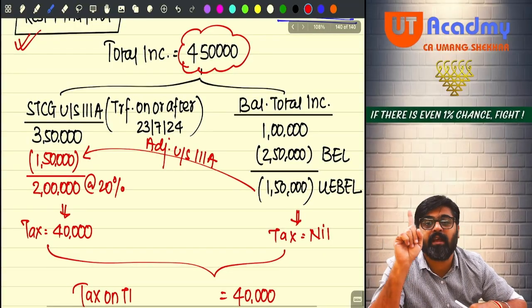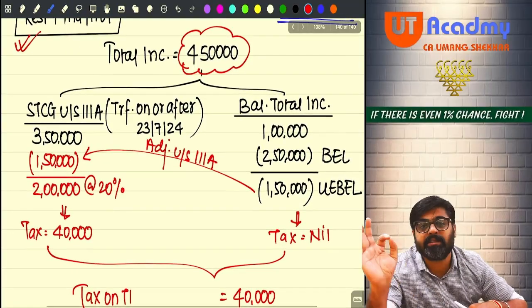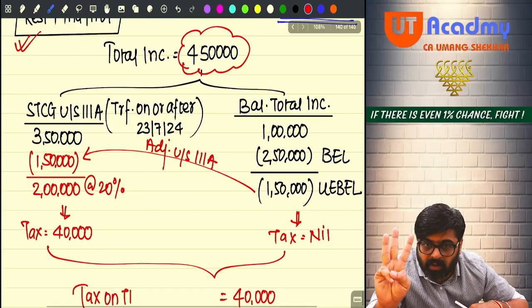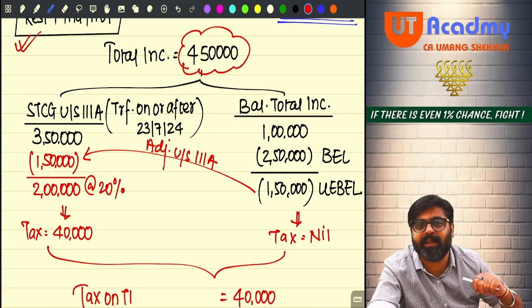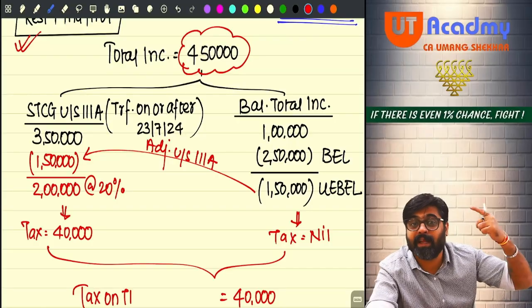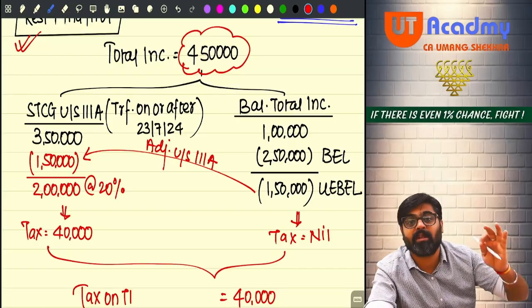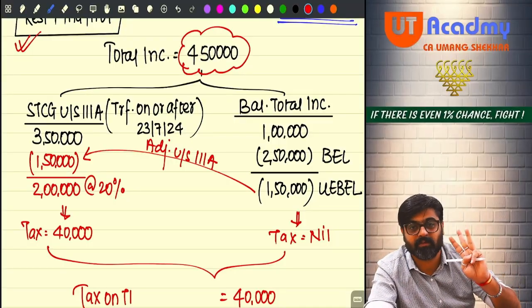Unexhausted basic exemption limit, if any, can be adjusted under section 111A, 112 and 112A only. It cannot be adjusted against winnings, cannot be adjusted against any other special income.